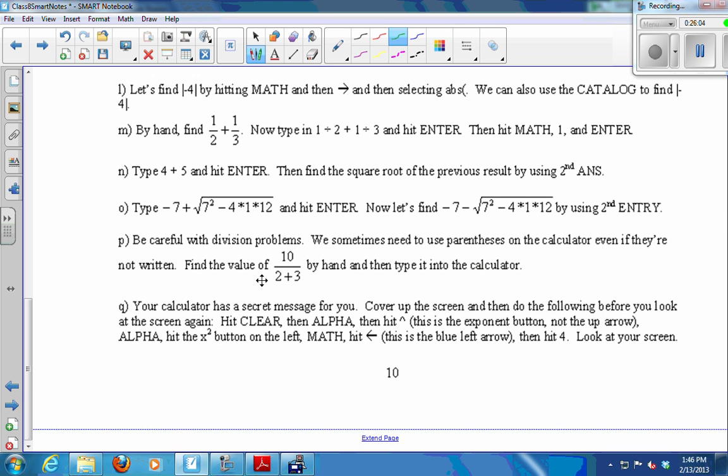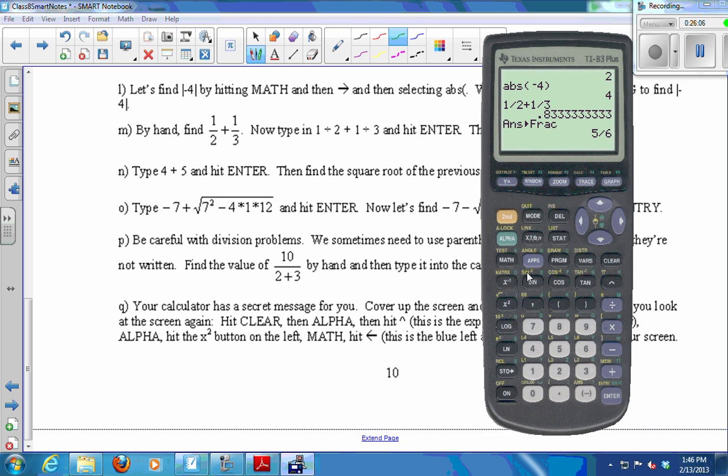All right, so now I'm going to use that second answer thing. So let's hit 4 plus 5, enter. And then you go, oh, I really want the square root of that. And instead of having to retype the 9, I can hit square root. And then I can have the calculator plug in the previous answer, the last answer I got.